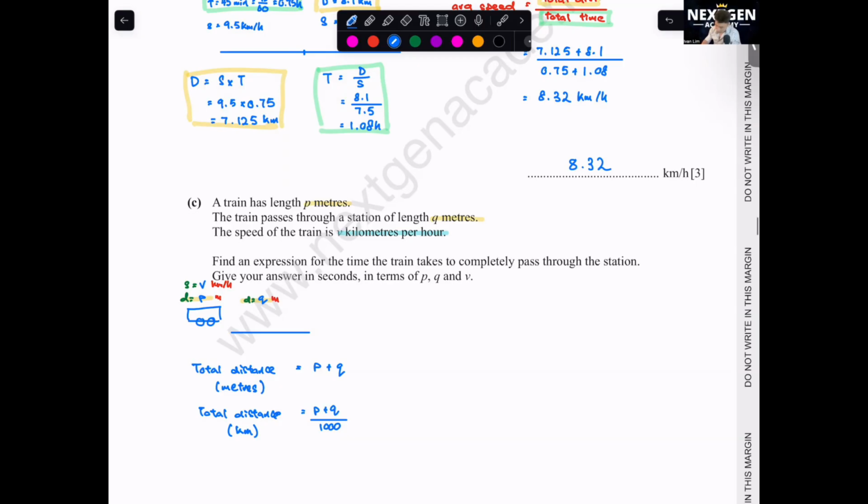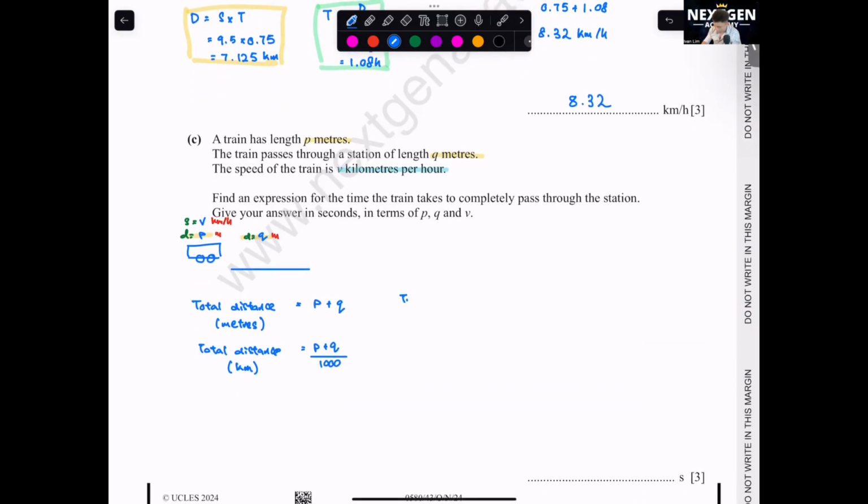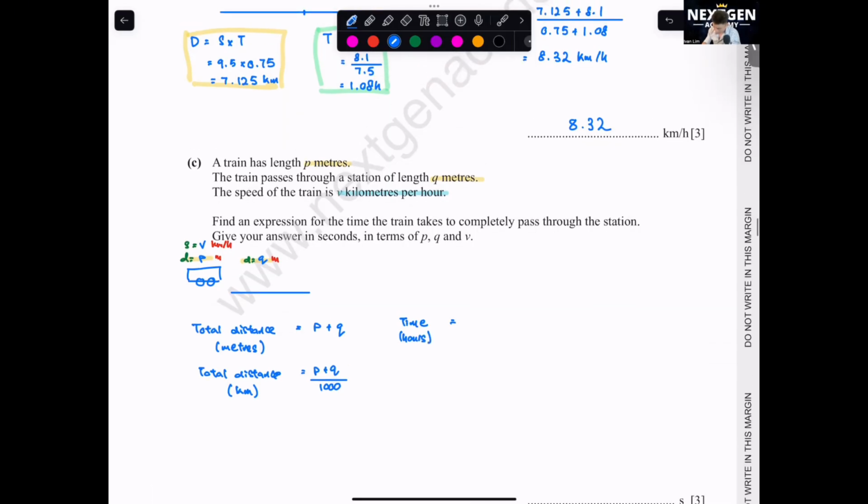So the time right now, the second part, will be in terms of hours first. Time is distance over speed. Look at the units. Distance that we'll be using is km, the speed is kilometers per hour. That's why the units will be in terms of hours first.